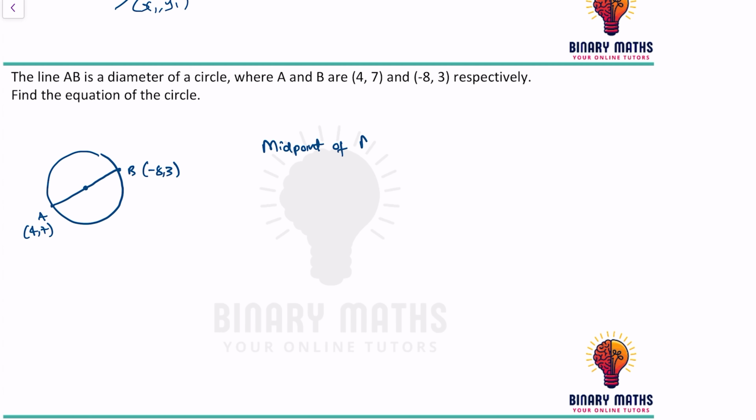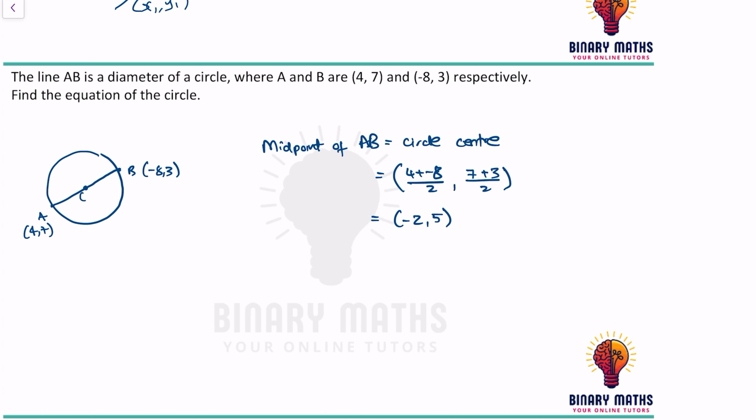So the midpoint of AB equals the circle center, which I get if I add the x coordinates together and divide by 2, and add the y coordinates together and divide by 2. I get minus 4 divided by 2, which is minus 2, and 10 divided by 2, which is 5.